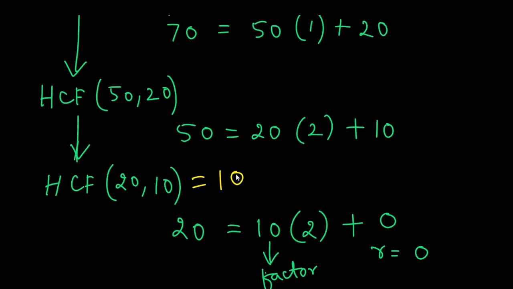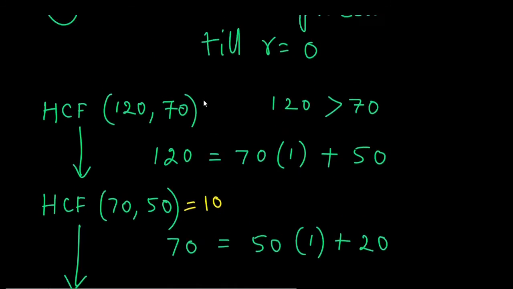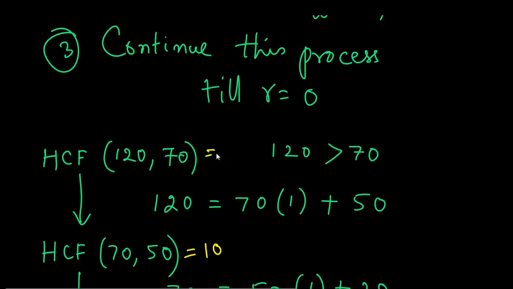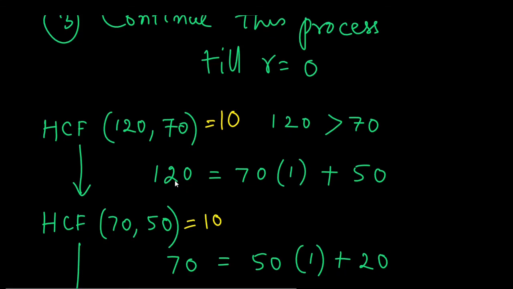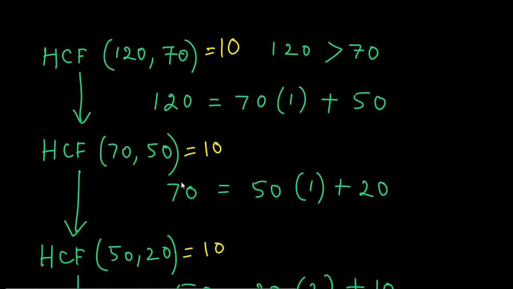HCF of 20 and 10 is 10. So HCF of 50 and 20 is 10. HCF of 70 and 50 is 10. HCF of 120 and 70 is 10. In this way, we come to a conclusion that HCF of 120 and 70 is 10.